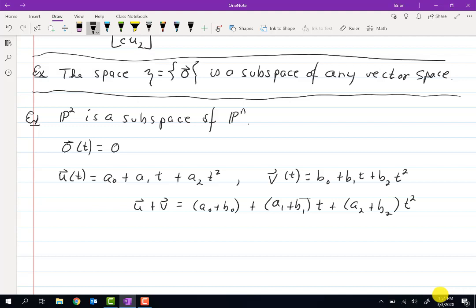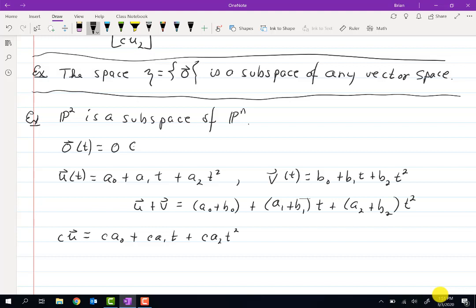And finally, if we do this, that's simply going to multiply c to each of the components, using the distributive property. And even if c is 0, I'm just in case 1, and we already know that that's in P2.